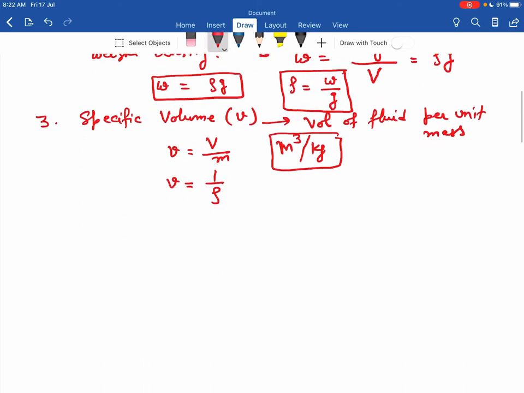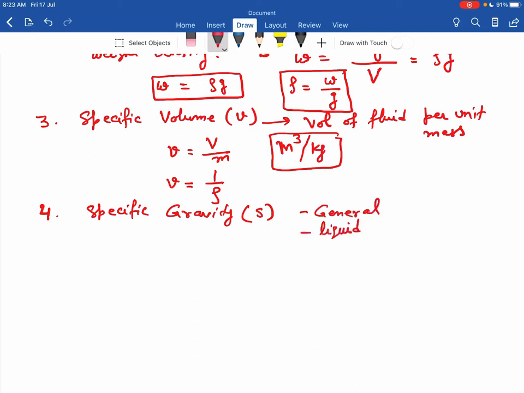Then another important property of fluid is specific gravity. The symbol is S. Now this specific gravity has three definitions. One is the general definition, second is the definition for liquid, and third definition is for gases. Okay.